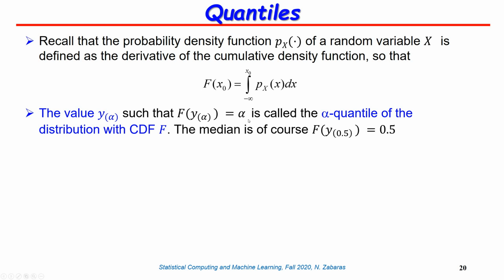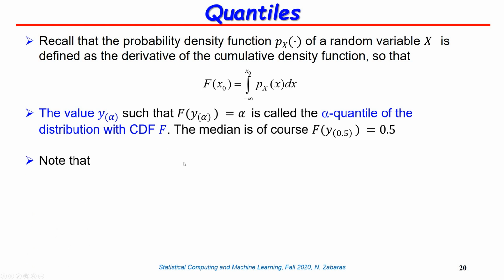Again, for real random variables, it is that location on the real line where the CDF is equal to alpha. If alpha, for example, is 0.5, you can think of y 0.5 as the location where on its left you have 50% of the probability mass, and on the right you have the other 50%. Okay, so that's the alpha quantile.